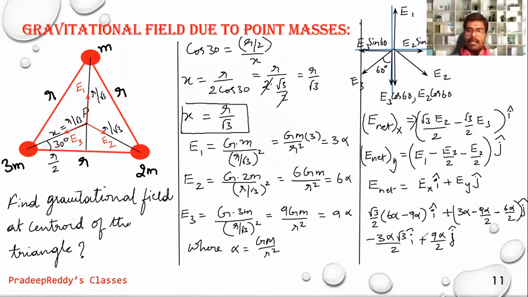Okay, now alpha you can take it out, 2 also you can take it out, it is alpha divided by 2 into minus 3 root 3 I cap plus 9 J cap. This is the net vector experienced at the centroid of the triangle.